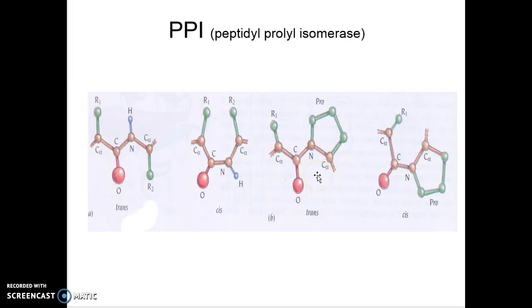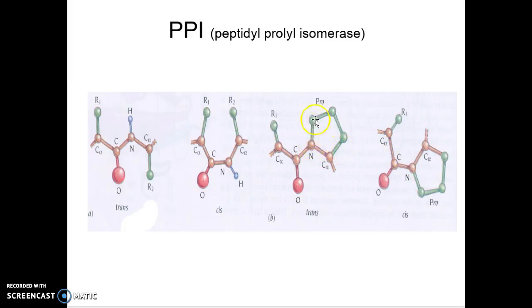However, in proline, as you see, side chain has this kind of chain. The last CH2 just makes a covalent bond with peptide bond nitrogen. So flipping this region in peptide bond, producing this one cis. So virtually two forms are identical.